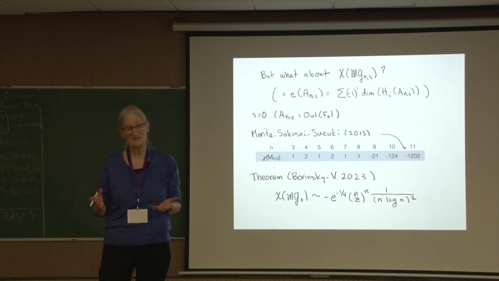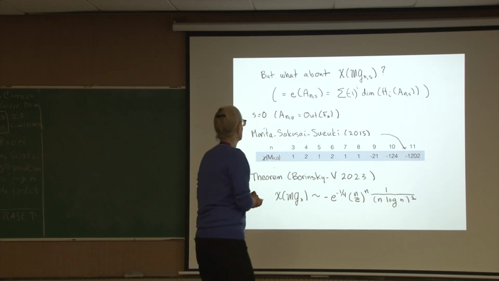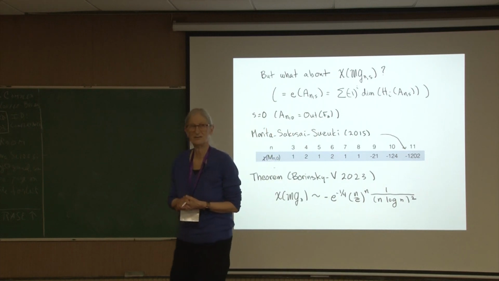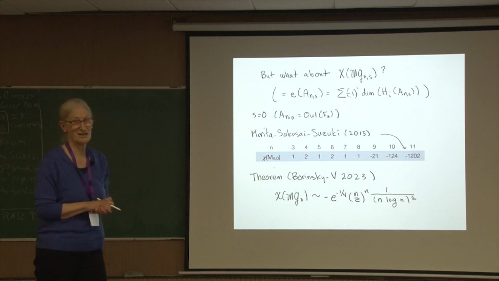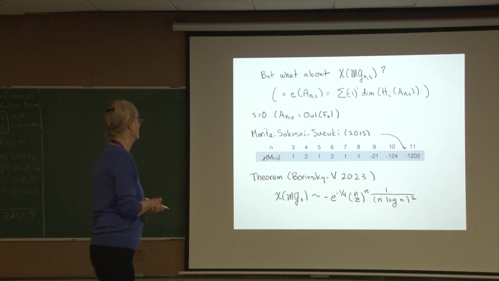Now, what does this mean? What does random mean, et cetera? How do you quantify random? But Kontsevich conjectured that the rational Euler characteristic should be asymptotically the same as the alternating sum of the Betti numbers, as E.